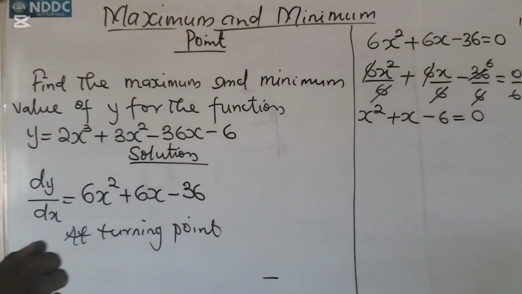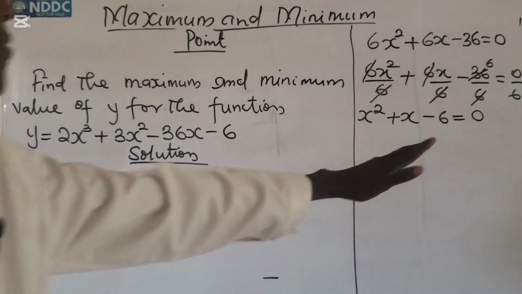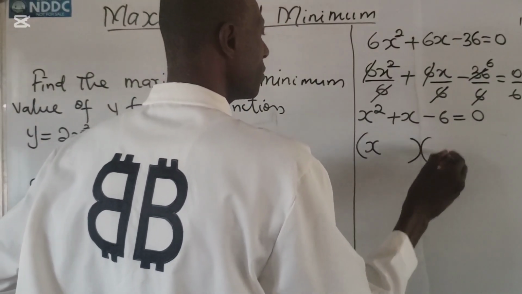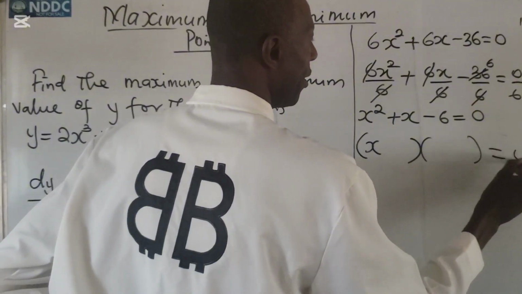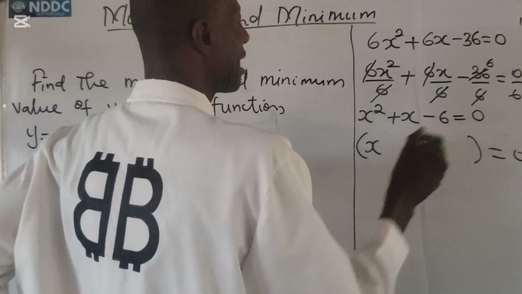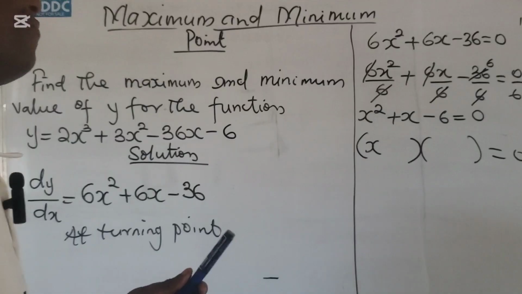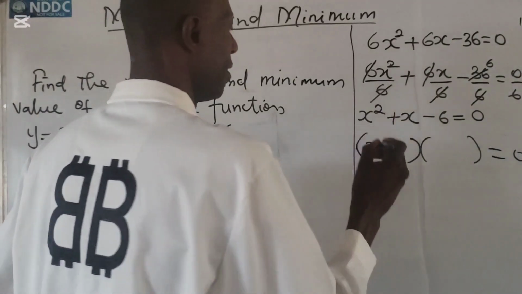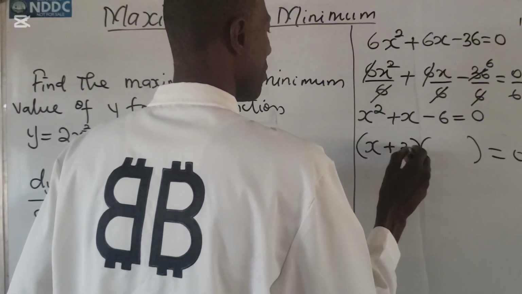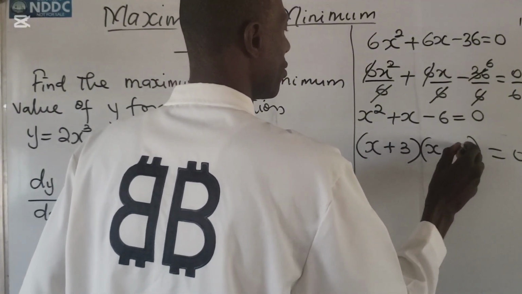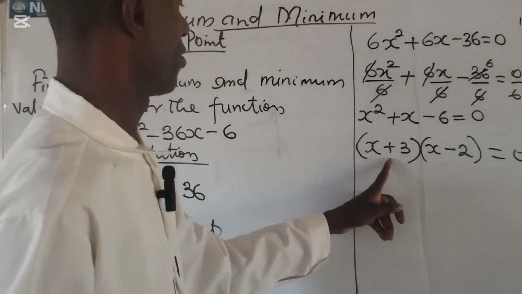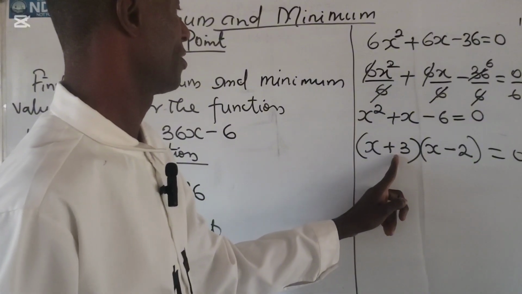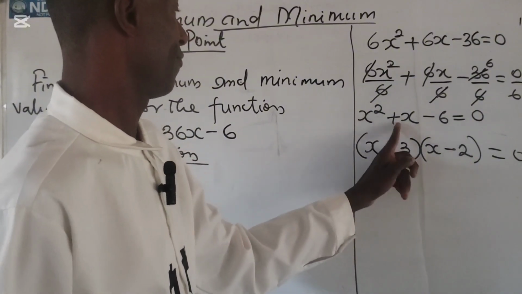So what we do is to factorize the left hand side. They have x in common, equal to 0. So now, what are the two numbers you multiply that will give you minus 6, and when you add them, it gives you plus 1? It's plus 3 and minus 2, because plus 3 times minus 2 gives us minus 6, and plus 3 minus 2 gives us plus 1.